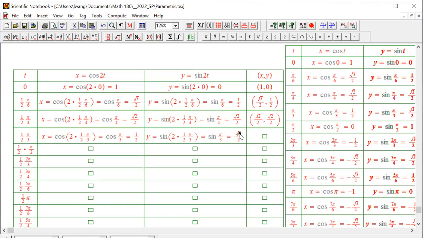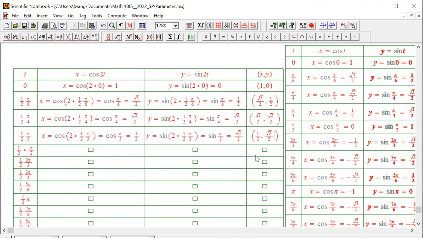This is root 3 over 2. So the next point is half, but takes half the time to get there, and root 3 over 2. We're going to show you that it takes half the time to get where we used to be.